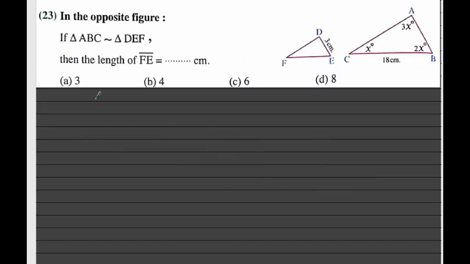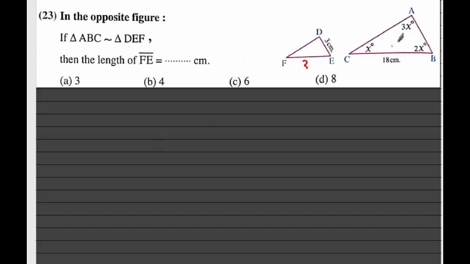Question number 23. Here in the opposite figure, if triangle ABC is similar to triangle DEF, then the length of FE equals. The required here is to find the length of FE. We have the two triangles are similar, so the corresponding sides are proportional.